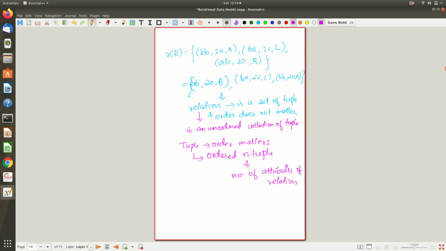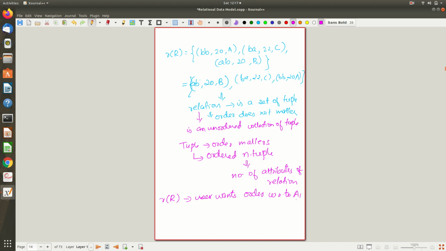Within a relation, it is a subset of the Cartesian product of the domains. As it is a set, order doesn't matter. You can write this as the first tuple or that as the first, any order is possible. And if you want, you can give a formal ordering also, depending on the user requirement. For example, suppose the user wants to order the same table r(R) with respect to the first attribute A1.